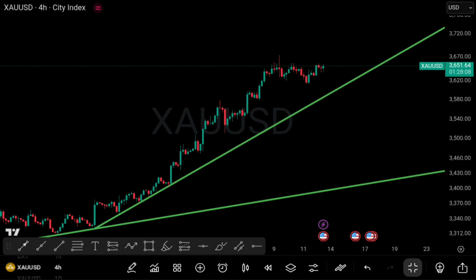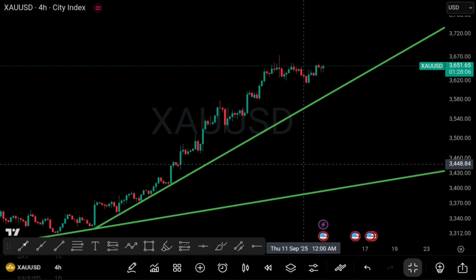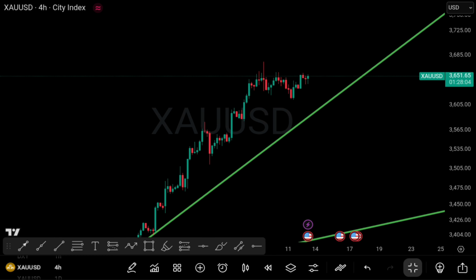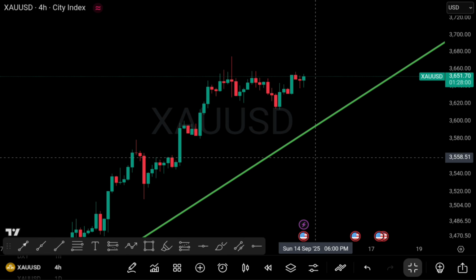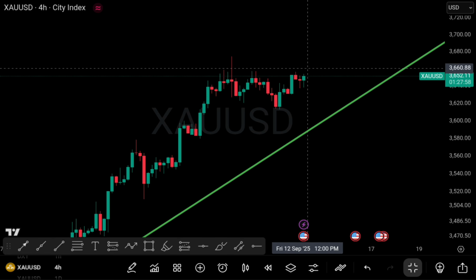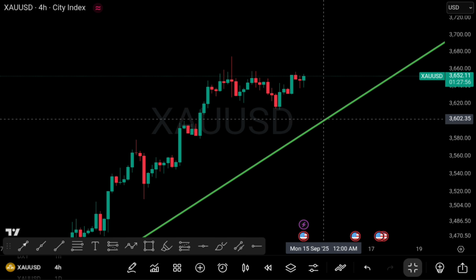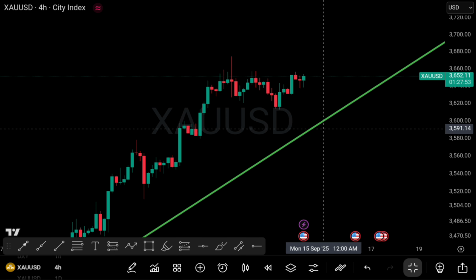That's what I trade. You can also work within the internal structure, but sometimes I don't really highlight the internal structure because with forex I just work on the pullbacks whenever they make their way towards the green trend line.